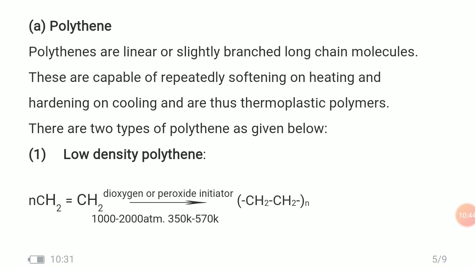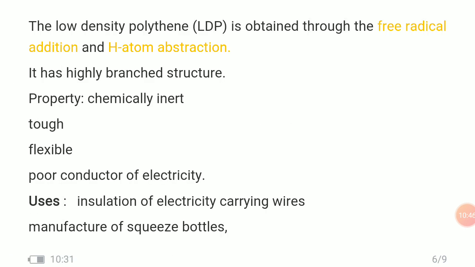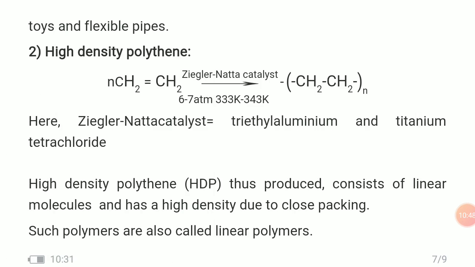But in high density polythene, we use a Ziegler-Natta catalyst. That is why here we take low pressure and low temperature. A Ziegler-Natta catalyst is triethyl aluminum and titanium tetrachloride.